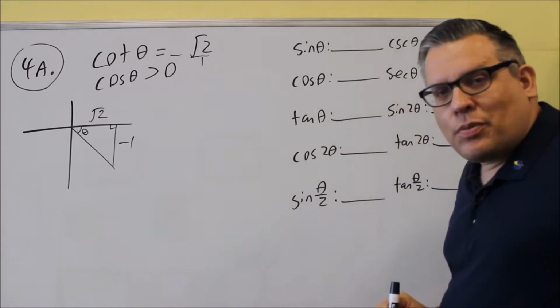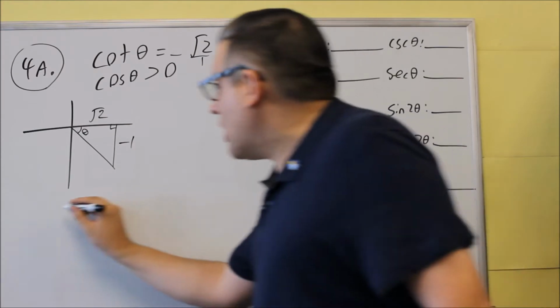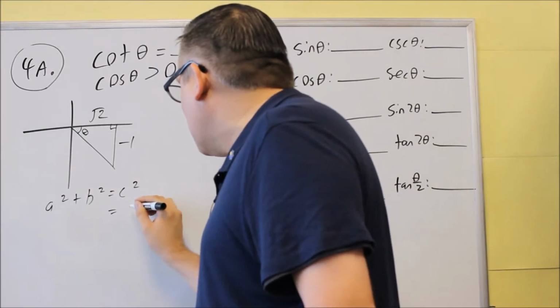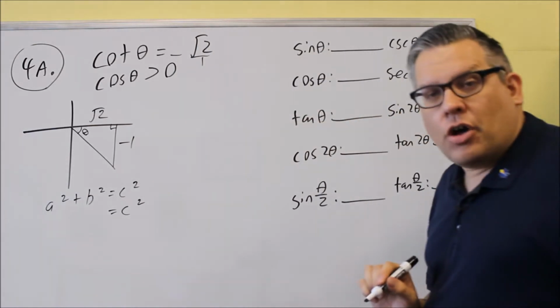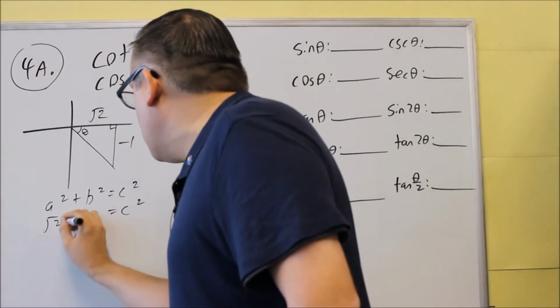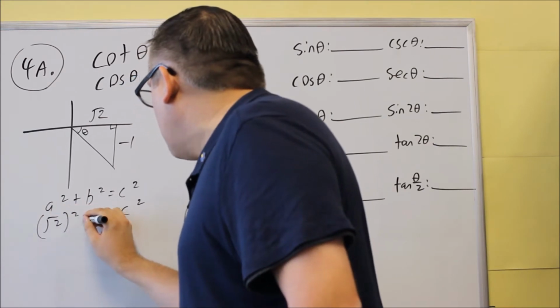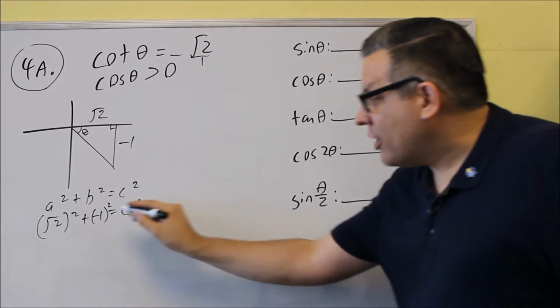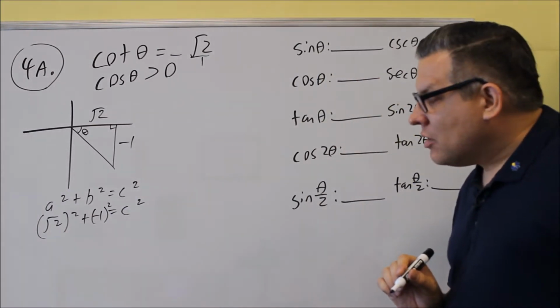Now we're going to use the Pythagorean theorem to get the missing side. So a squared plus b squared equals c squared. In this case, the c would be the unknown. So for a and b, we have square root of 2 squared plus negative 1 squared. You're squaring the negative, so the negative is inside the parentheses.